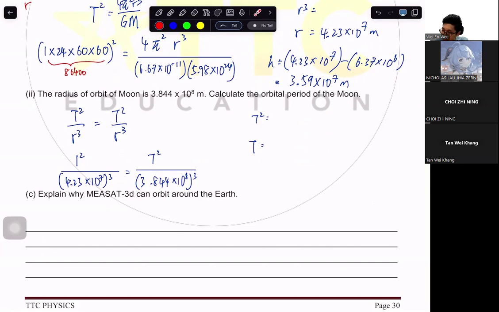Okay, can you get the T or not? I mean, by general knowledge, the T should be 27, 28. It's supposed to be days, because I use 1 day here. Did you square root or not? The answer is T squared, do you square root it or not?